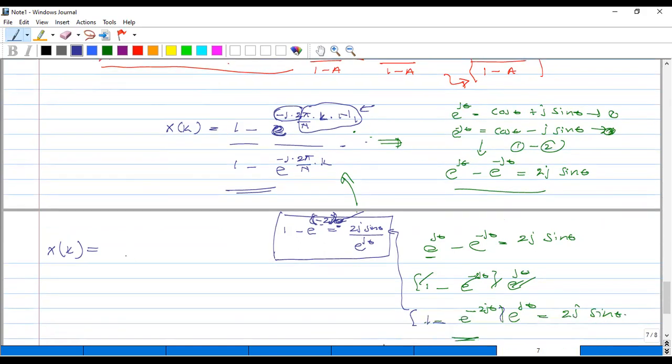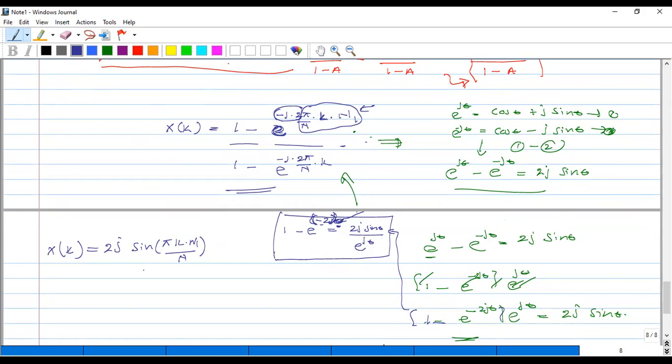So I can write it as 2j sine theta, where theta is 5n k n1. This will be my theta.